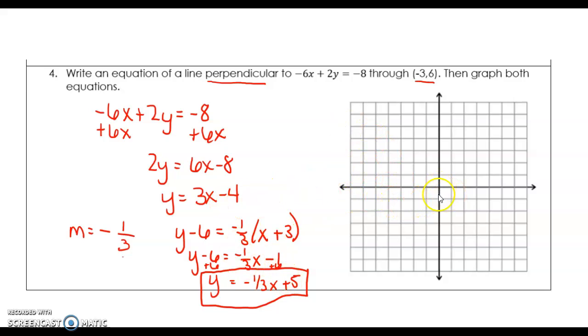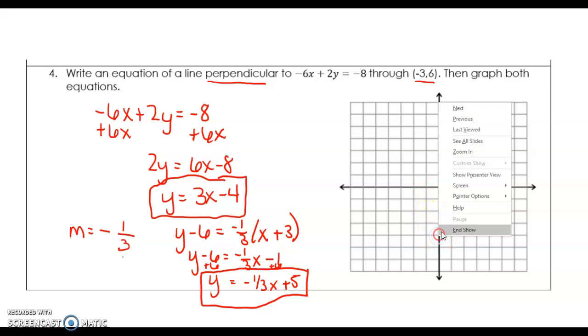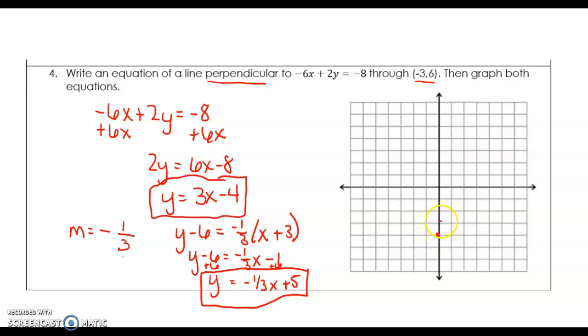So let's graph both of these. This is my original that I'm going to graph. So I go down 4, put a point, up 3, over 1. So this will be my original line. And then I'm going to graph the one that is perpendicular to it that we found.